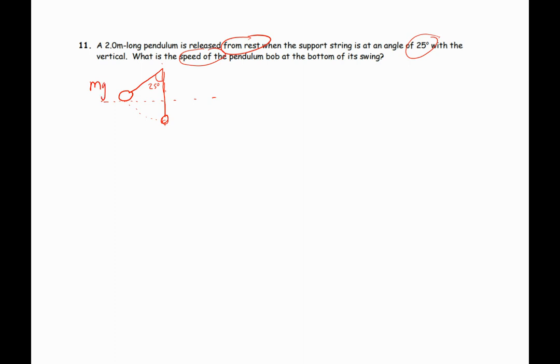So I have mgh initial. Down here, I have 1/2 m v final squared. And I know those two things are equal to each other. I know mgh is equal to 1/2 m v final squared. And the reason that I know that is because I don't have any other energies acting in this system.